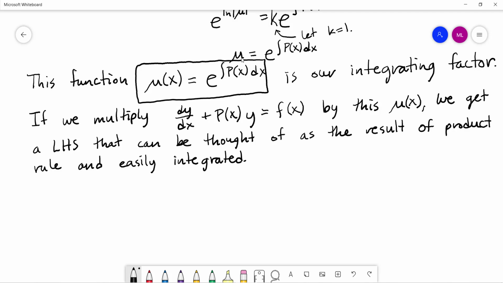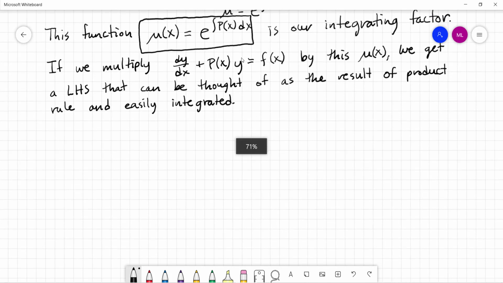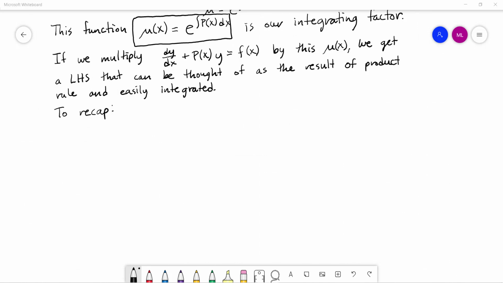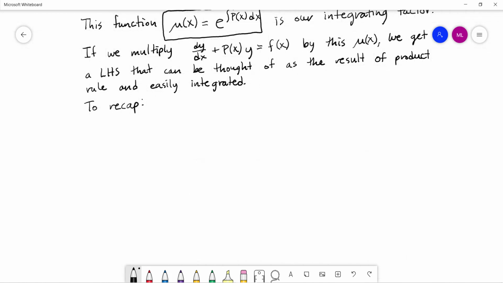Okay, so let's kind of recap this. So to recap, we start off with a differential equation that looks like this: dy dx plus p of x y equals f of x.